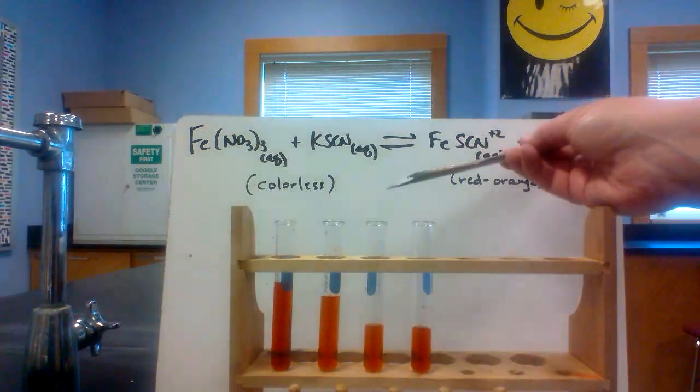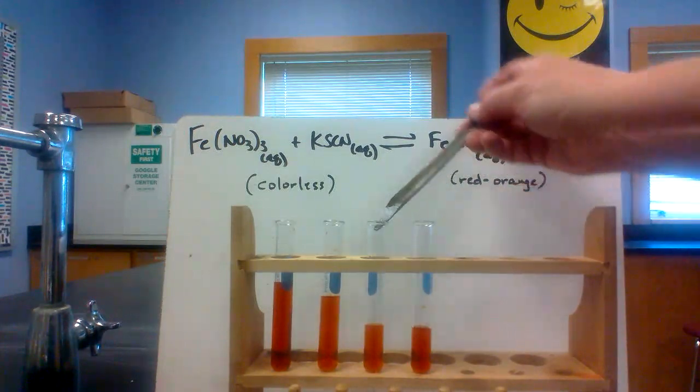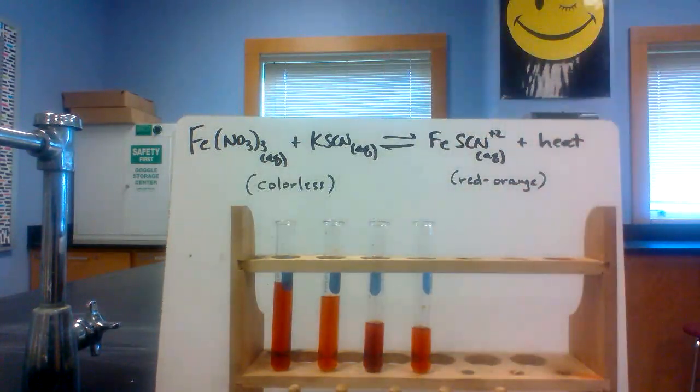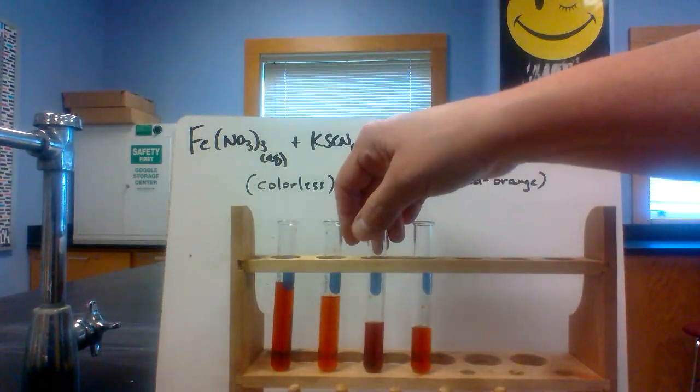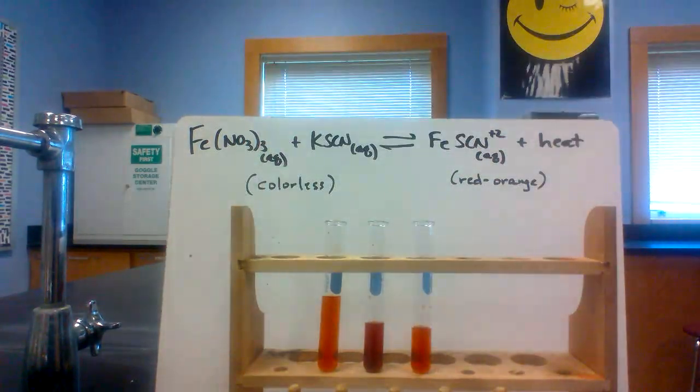I will put it in this test tube right here. Okay, and so you can see that is our iron(III) nitrate. Next, I'm going to move this out of the way so that we have some more room. And the result, I think you can see, is a lot deeper red than the control was.